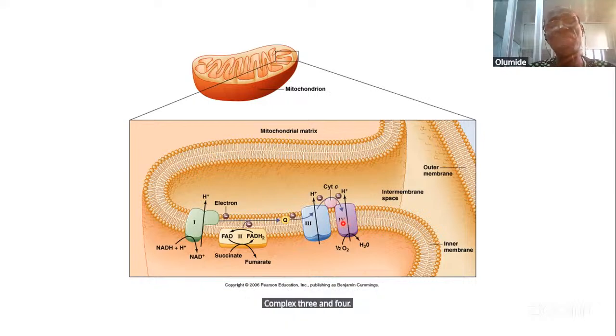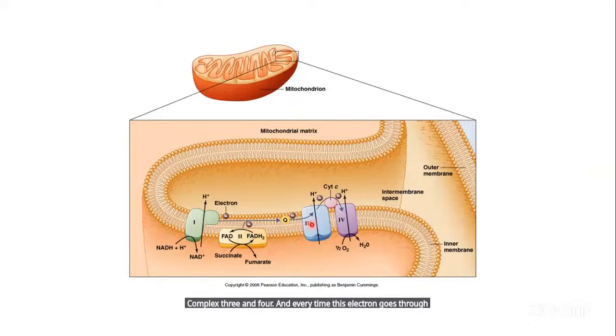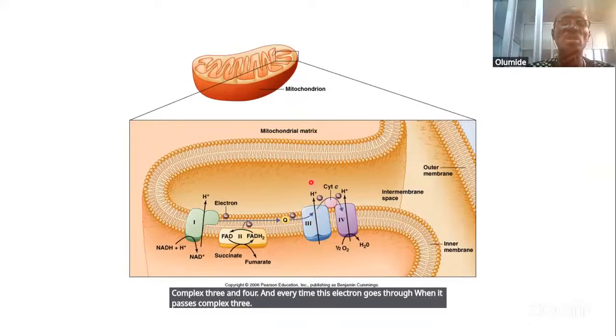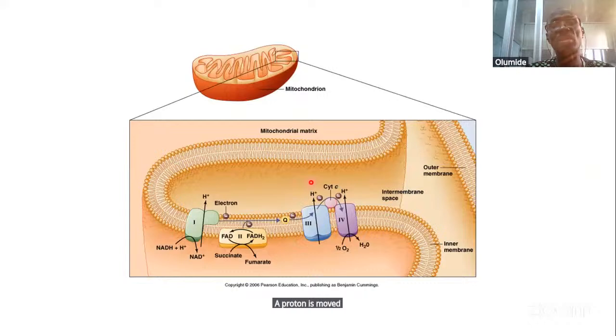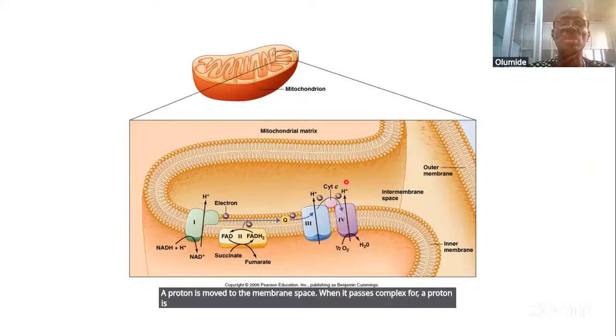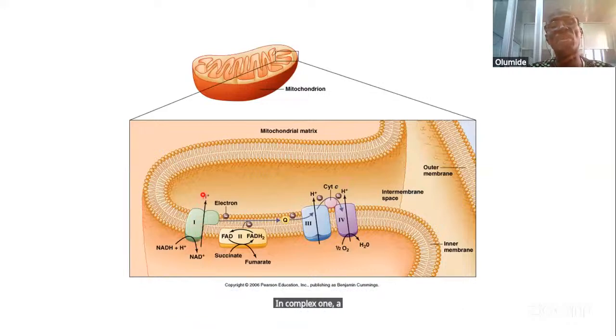And every time this electron goes through, when it passes complex 3, a proton is moved to the intermembrane space. When it passes complex 4, a proton is moved into the intermembrane space. In complex 1, a proton is moved into the intermembrane space.